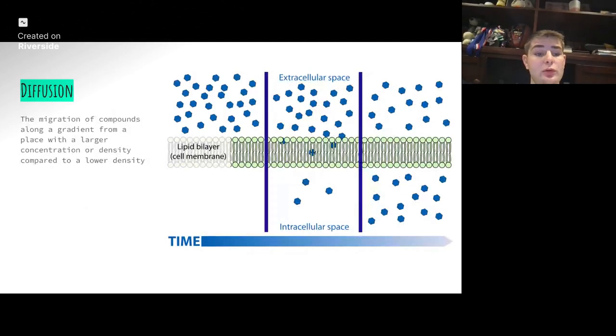Okay, we can look at diffusion. Diffusion is the migration of compounds along a gradient from a place with a larger concentration or density to a lower density. Diffusion across the cell membrane is determined by the concentration gradient and the permeability of the substance.